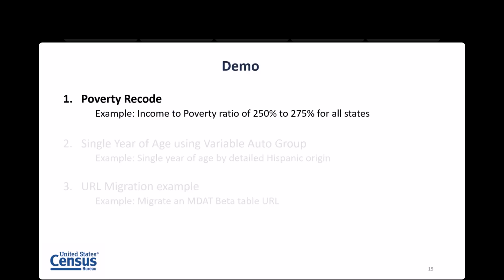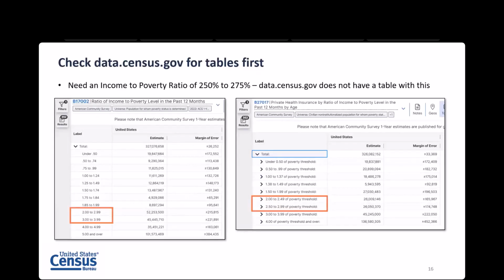And I always recommend, when you're thinking about an idea to come over to MDAT and create a custom table with, it's always a good idea to go first to data.census.gov to check for tables there. There's a couple reasons why you might want to do that. The first is, as I mentioned earlier, the data tables on data.census.gov are coming from our internal files, so they can actually be considered more precise data.